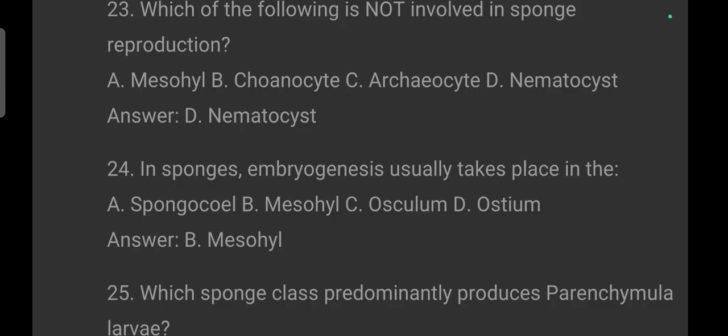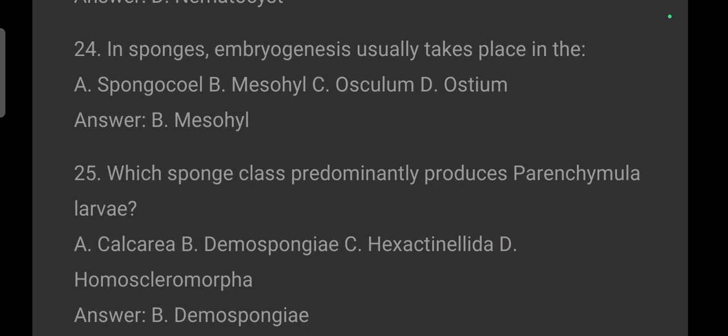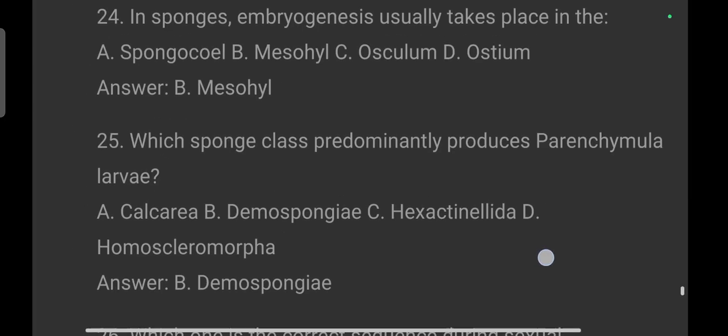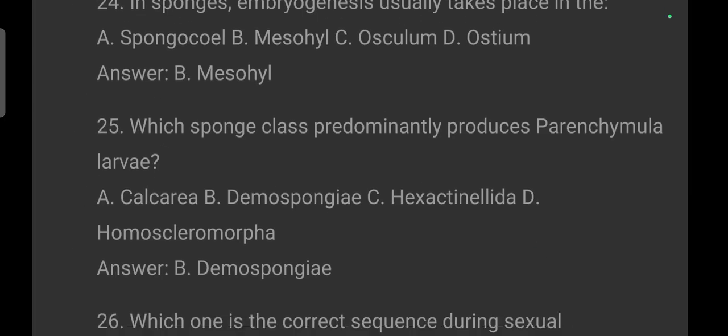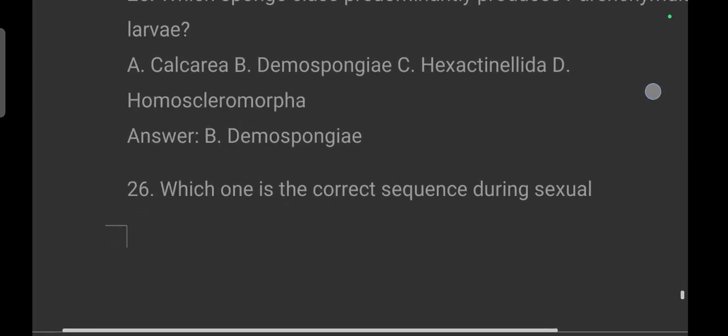Mesohyl, choanocyte, archaeocyte, nematocyte. Answer is nematocyte. In sponges, embryogenesis usually takes place in spongocoel, mesohyl, osculum, ostium. Which sponge class predominantly produces parenchyma larva? Calcarea, Desmospongia, Hexactinellida, Homoscleromorpha. Answer is Demospongia.